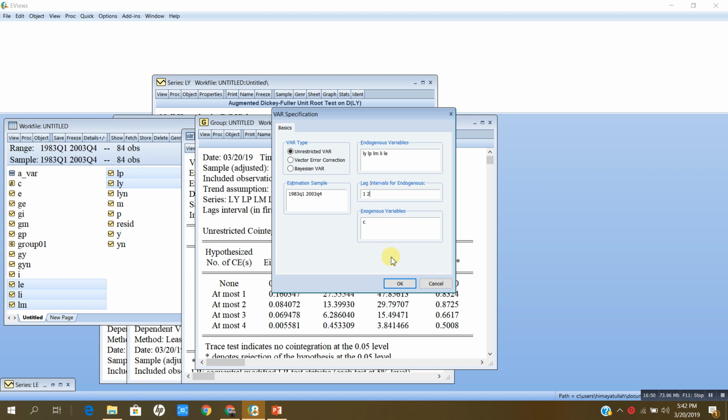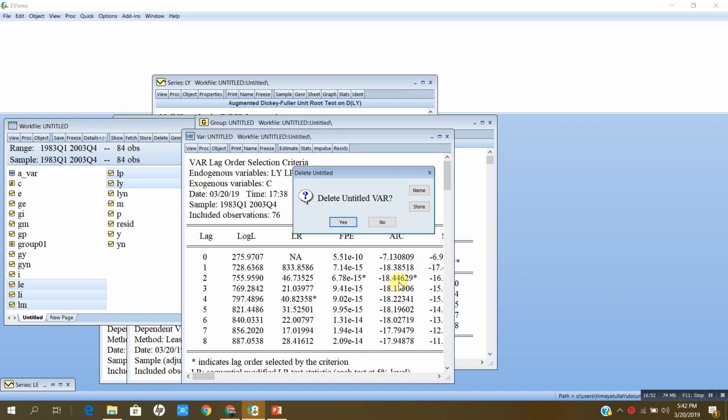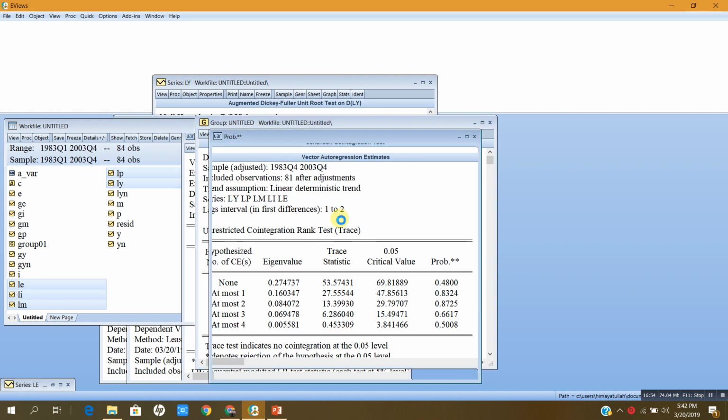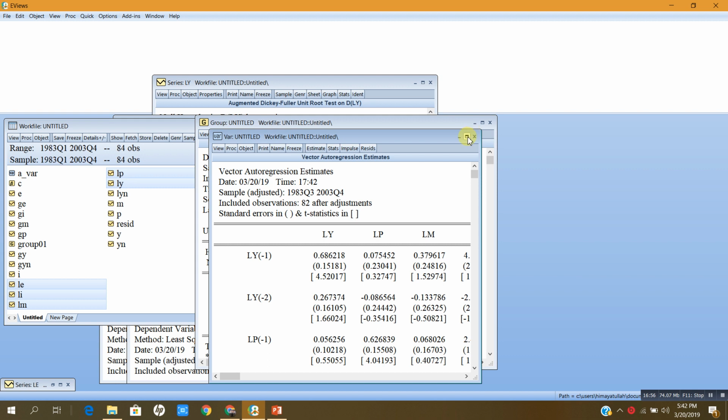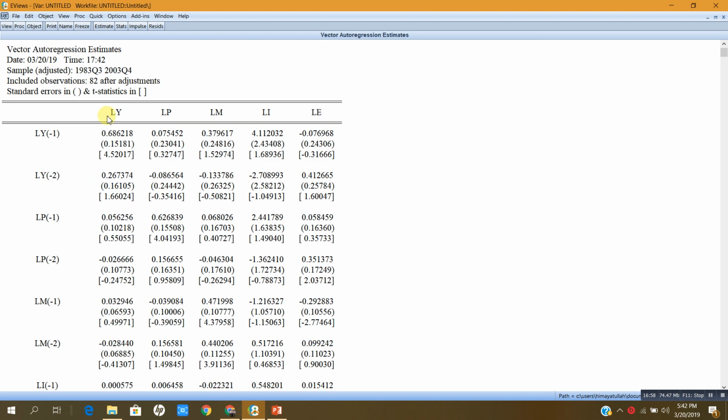You see, these are 5 series: log of real GDP, log of price levels, log of money supply, log of imports and log of exports. And in the rows, you see these are the lag values of these variables. That is lag 1 of ly, lag 2 of ly, then lag 1 of lp, lag 2 of lp, and so on.